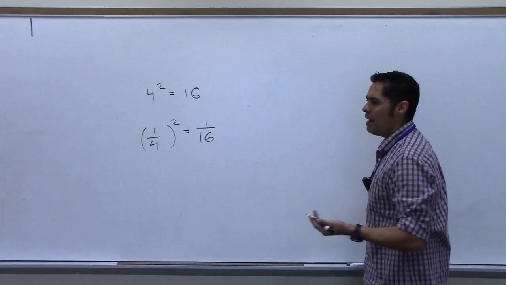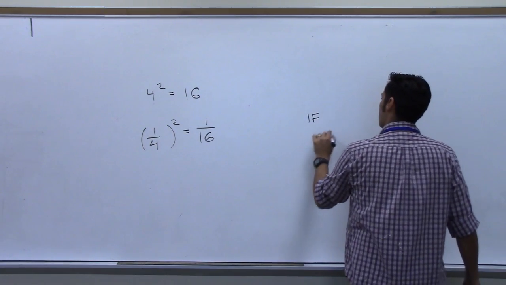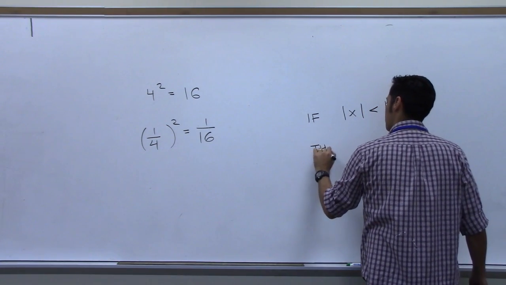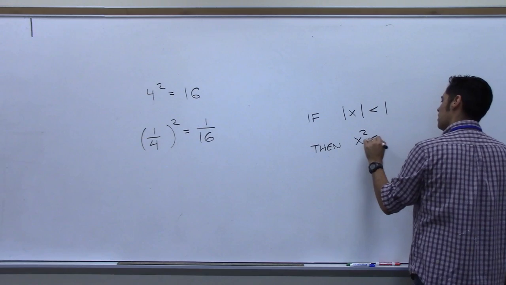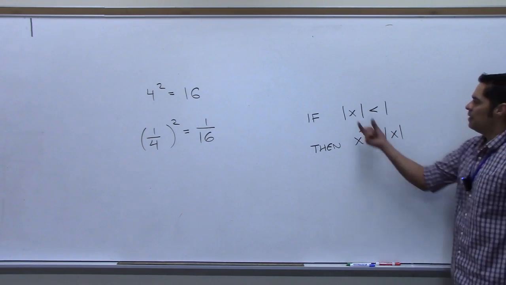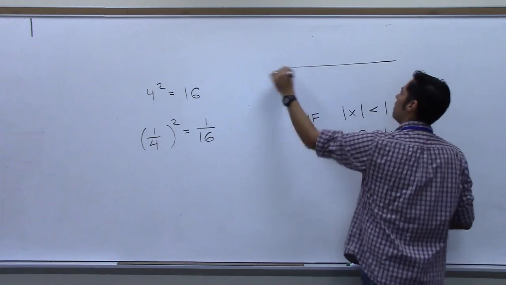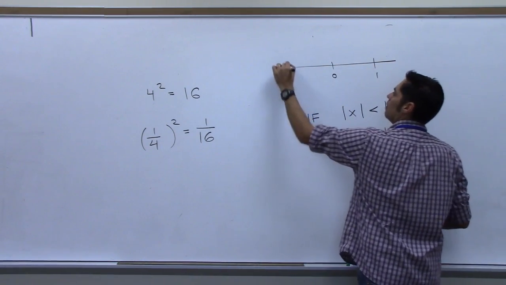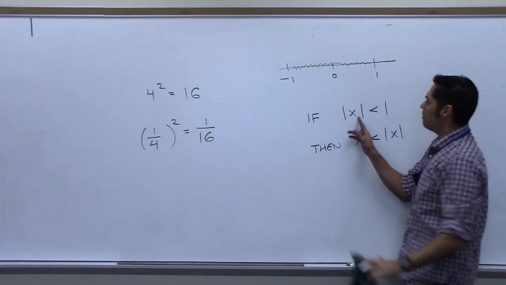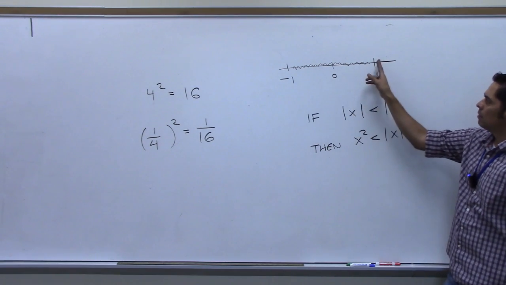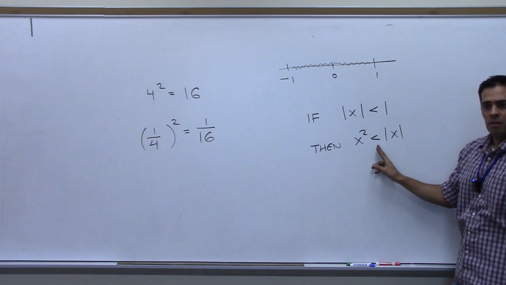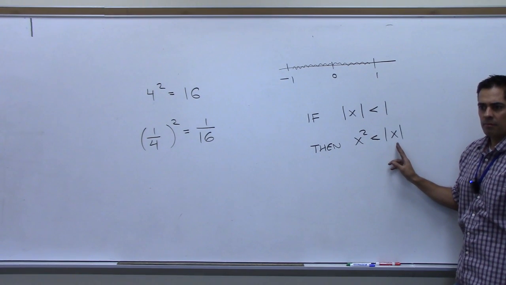And so what we have is that if the absolute value of x is less than 1, then x squared is less than the absolute value of x. In other words, if you take a number on the number line that's somewhere in here, okay, if you take some number that's in there and you square it, it's going to be smaller than the number that you started with.